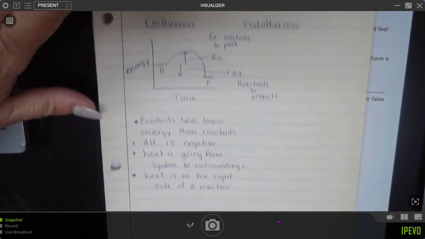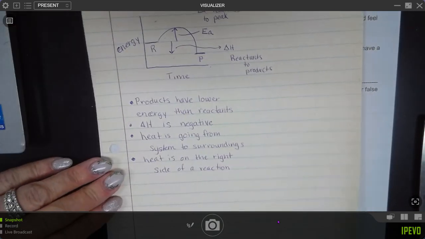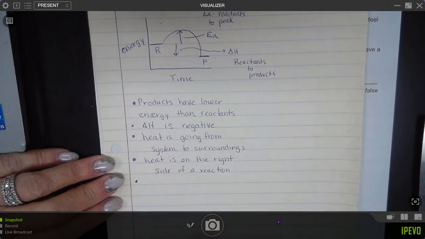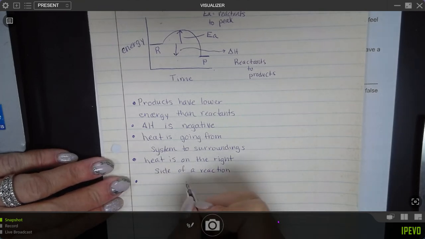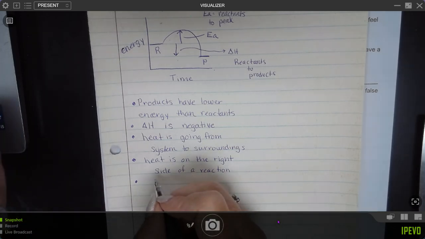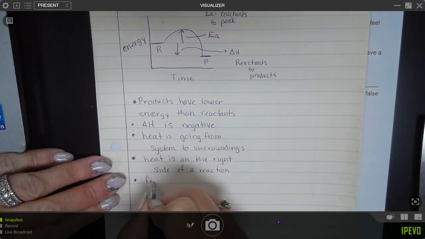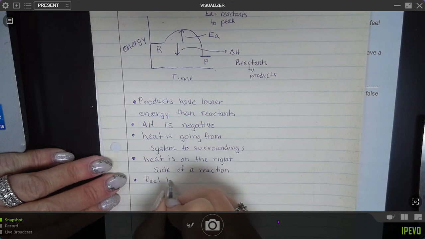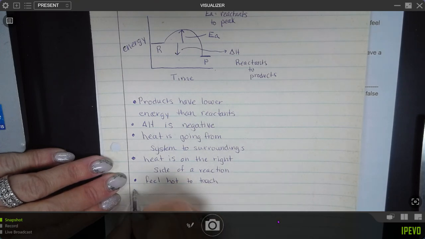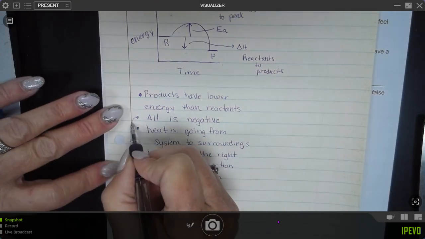Okay, so one other thing, if you're in the lab, when we did the Ziploc baggie lab, when heat is exiting the system, your reaction vessel is going to feel hot to the touch or warm. Okay, and I want to re-emphasize where it says delta H is negative.